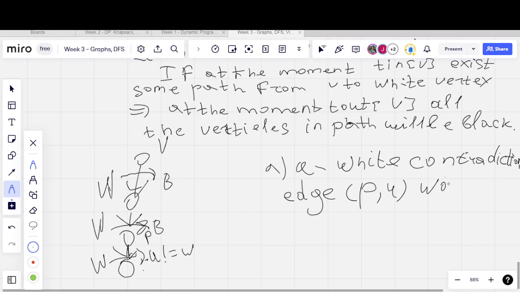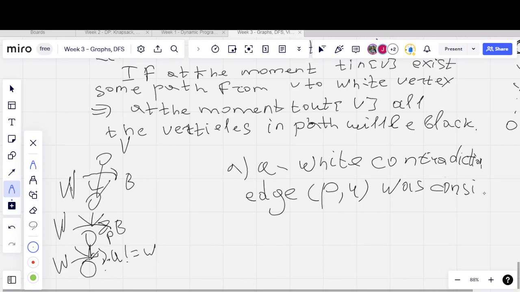And edge PU was considered in DFS because this vertex P is black.